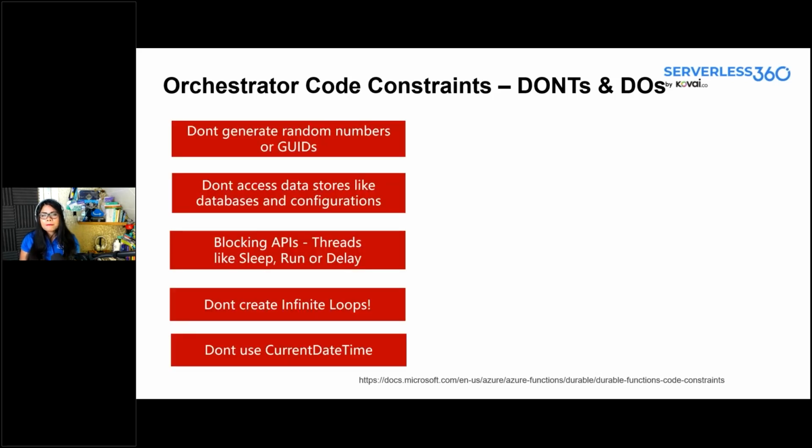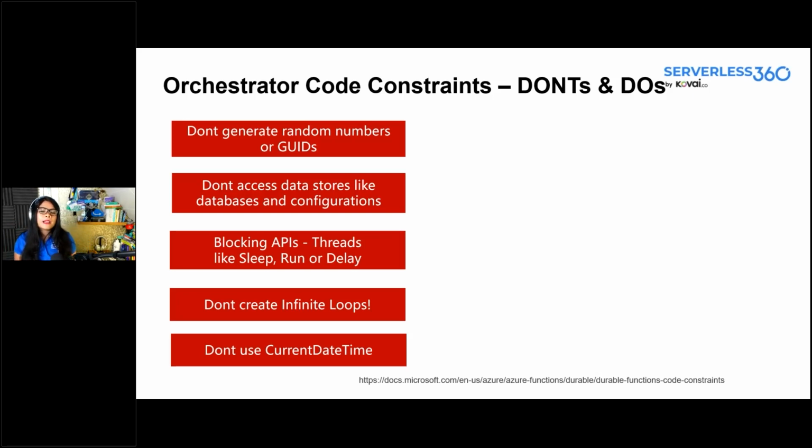For example, on the red side, these are the don'ts: it's not recommended to use GUIDs or random numbers within your orchestrator functions, and don't access your configuration or databases store from the orchestrator as well.